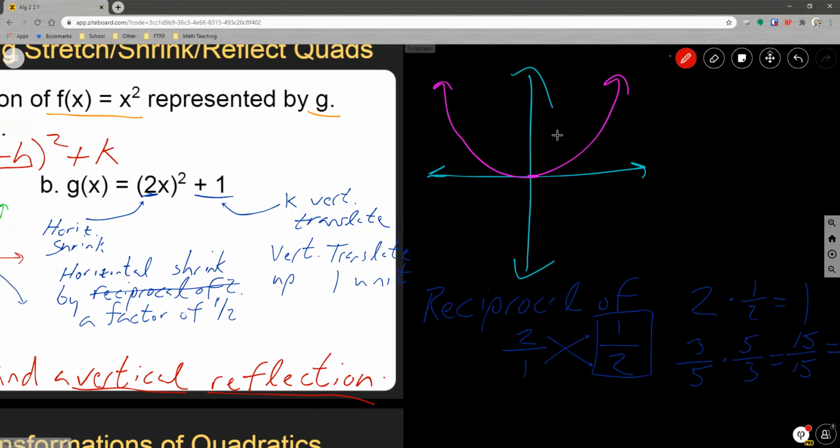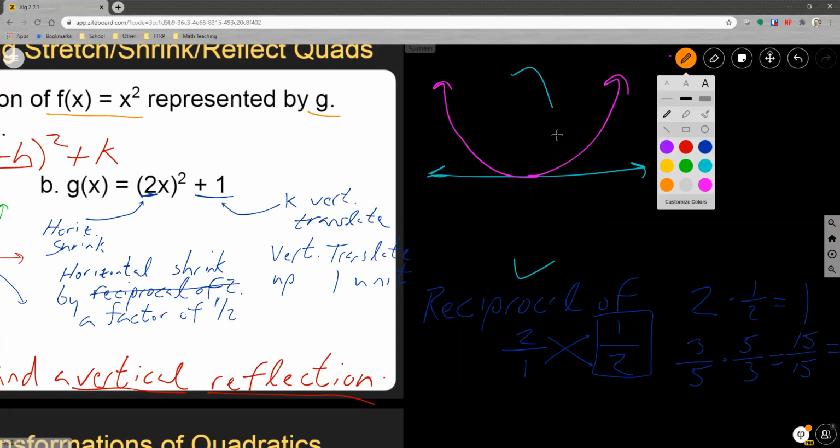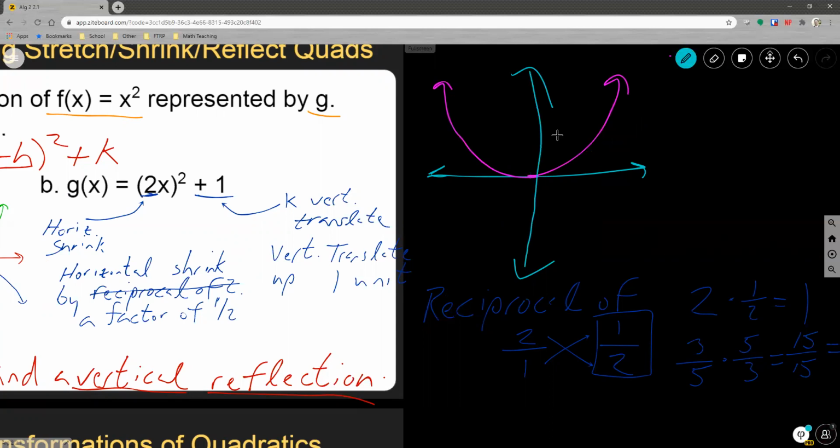So what it ends up looking like at the end, I'm up 1 unit, and then it's just a lot wider because it's been... I'm messing up my stuff here. I apologize, guys. Let's go ahead and fix this.